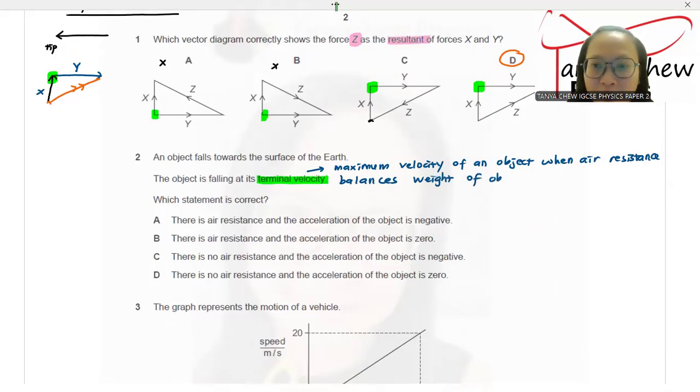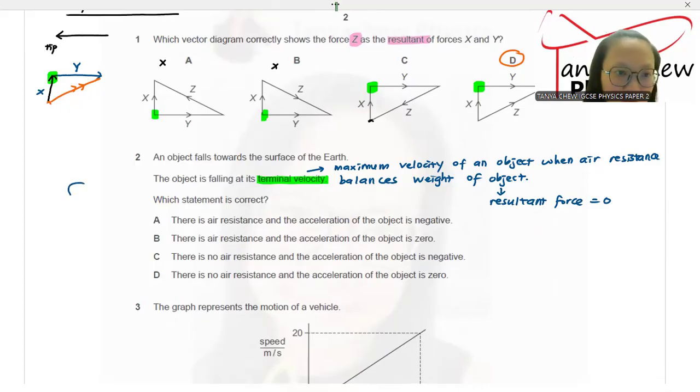So when the air resistance is balancing the weight of the object, the resultant force acting on the object is equal to zero. Because after all, there are two forces acting on the object. Let's say this is an object. The weight of the object is always acting downwards because the object is falling down.